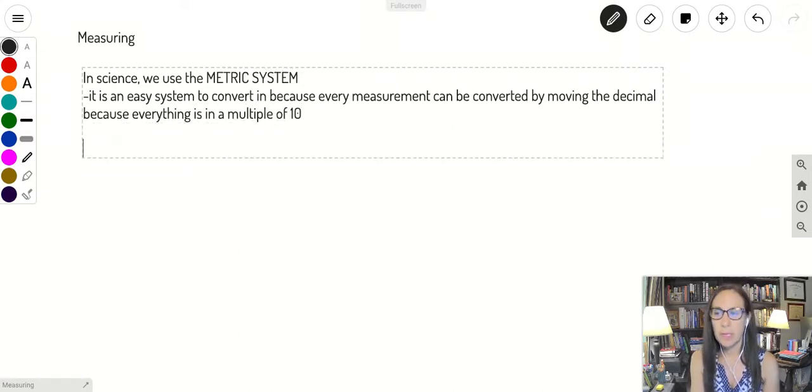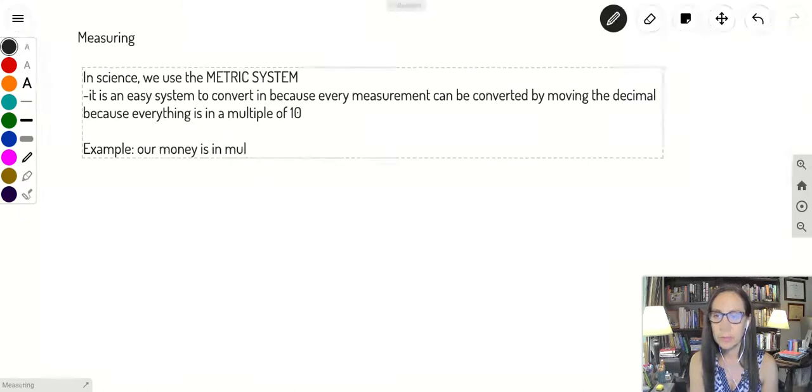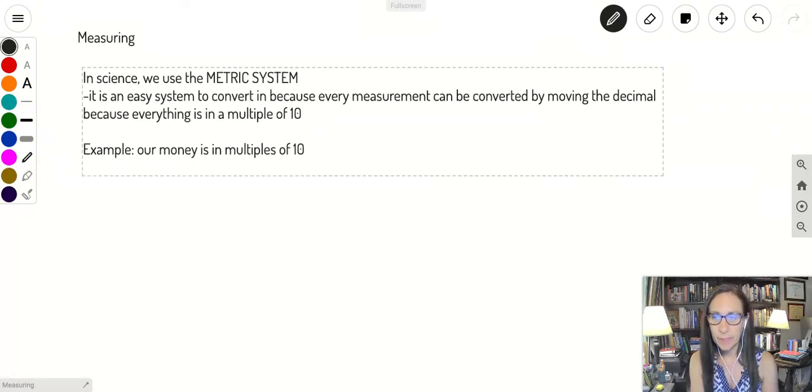So it's sort of like our money. Our money is in a multiple of 10, right? So let me use an example here. For example, if you had 10 cents, you would say 10 cents.